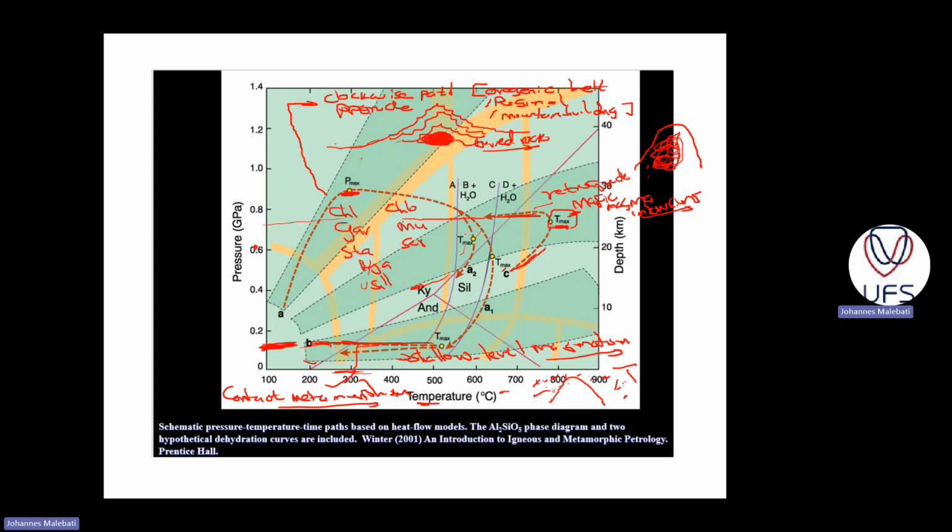Why? Because the heavy mafic magma would not let the crust float up easily. That won't happen. The mafic magma would not allow the crust to float up easily, and that gives us the nearly constant pressure.